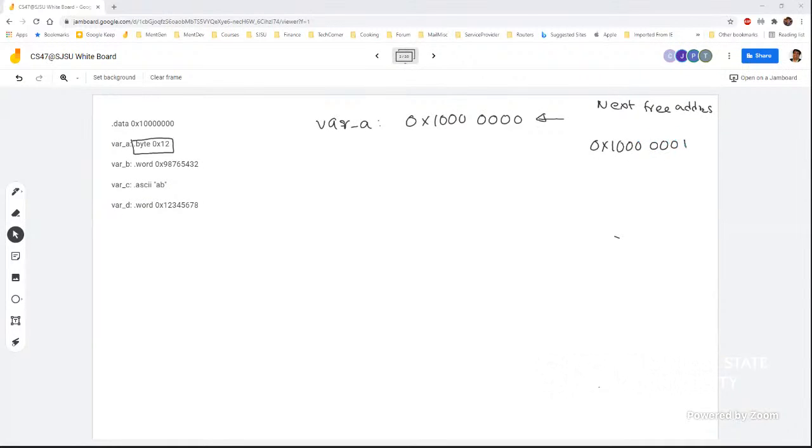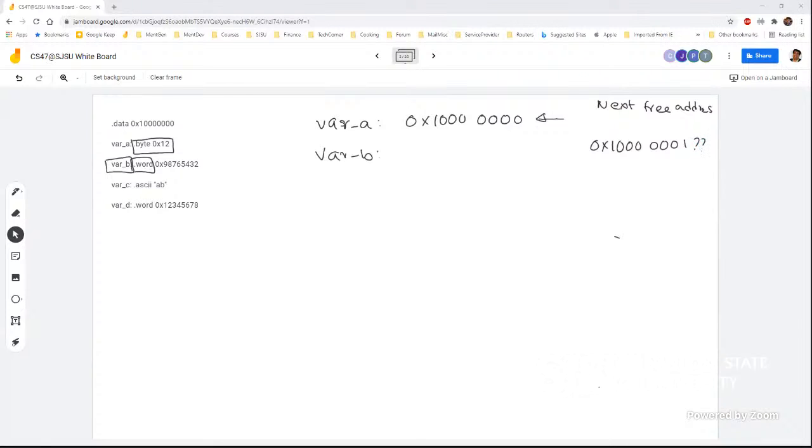Now comes the var B. Var B is trying to put a word, and with the default alignment, if I want to place a word into memory, that word must start from an address divisible by 4. So you ask yourself whether this is divisible by 4 or not.